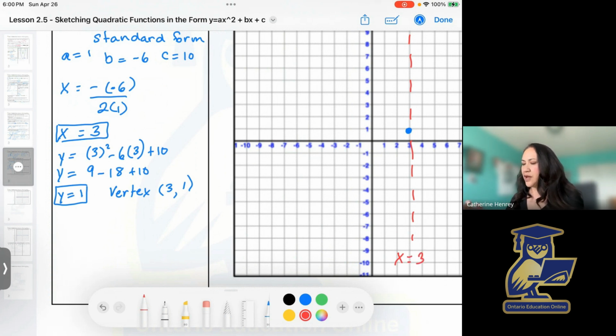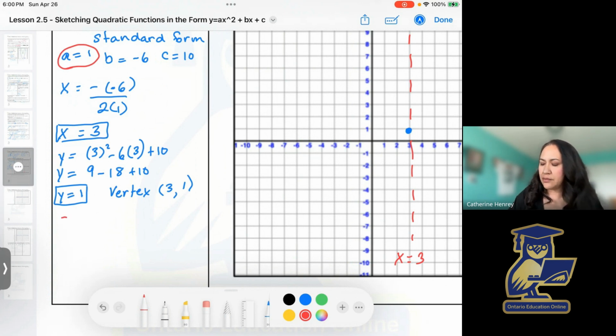And so we need to find a couple of things on either side to complete our graph. So with an a equals 1, we know that our step pattern should be 1, 3, 5. In standard form, with the c equals 10, we know that we have a y-intercept that equals 10.